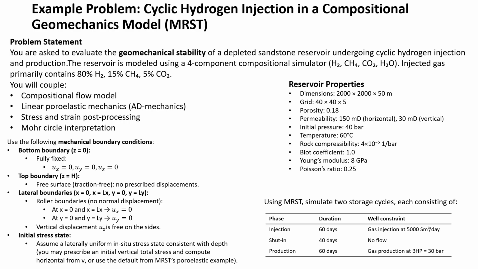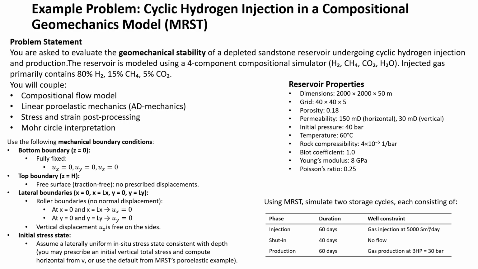And so the task is for you to couple a compositional flow model with linear elastic mechanics using the AD mechanics model in MRST. You do stress and strain post-processing, you want to see the results, and also some more cycle interpretation. So you use the boundary conditions I have stated there.